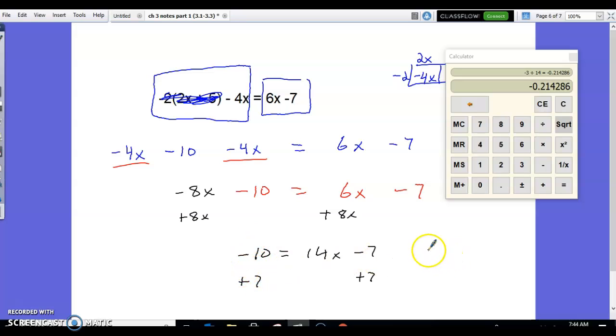So that would be negative 3 equals 14x, and then we get to our final step. Negative 3 over 14 equals x. All right. So that is that skill in a nutshell. Go ahead and rewatch some of this if it's not making sense, to help clarify any questions.